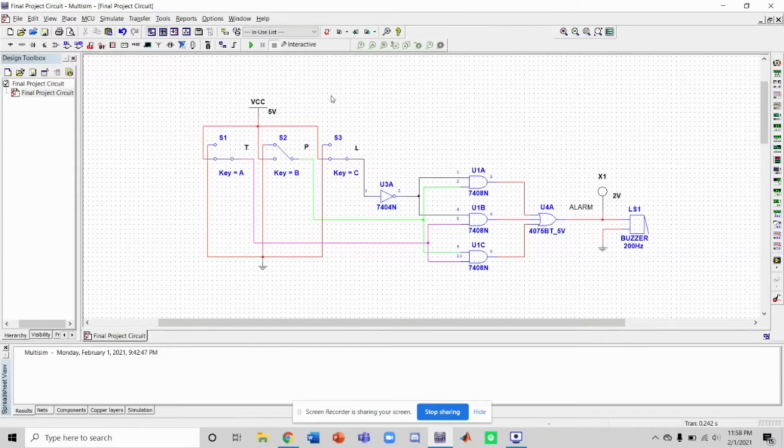If the temperature and the pressure are high, the alarm will be turned on. And lastly, if all the conditions have values of 1, the output will also have a value of 1.